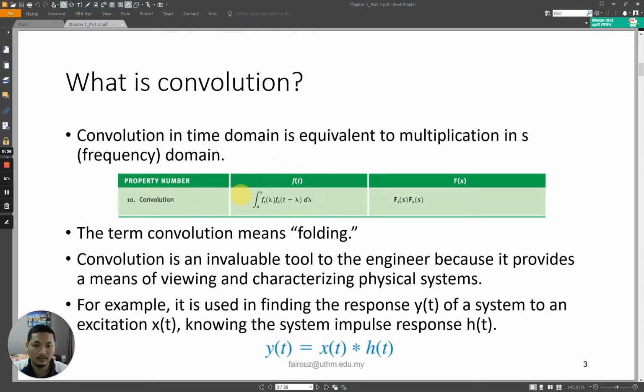So we have signals, like the signal which we have looked at in the previous video. That signal is represented in time domain, in which the x-axis is in time, in seconds. So if we have two signals, the convolution of those two signals is equivalent to a simple multiplication between the two signals, but the signals are now in frequency domain.